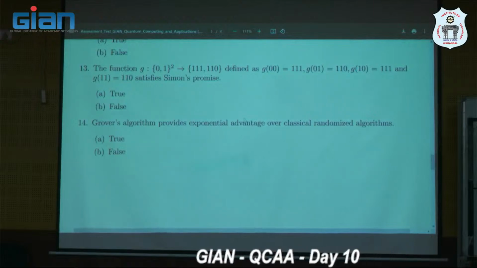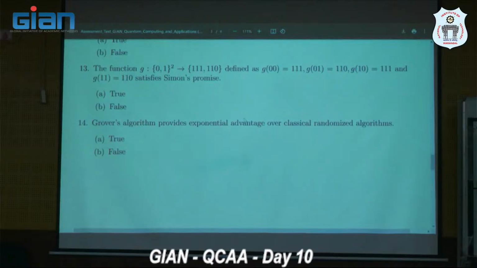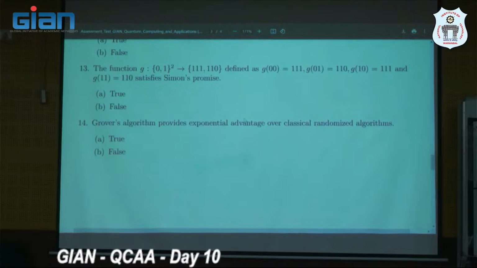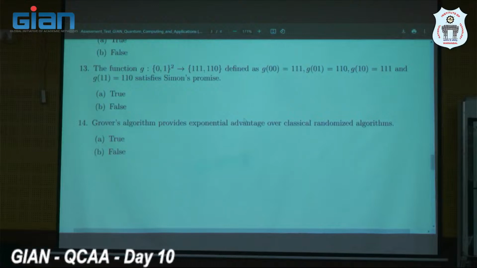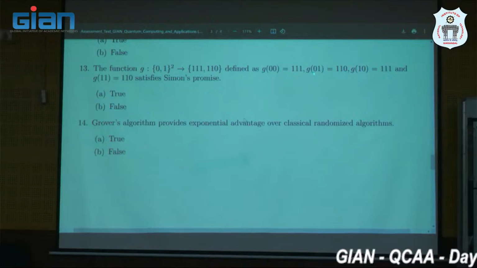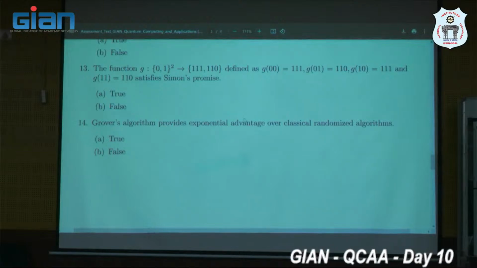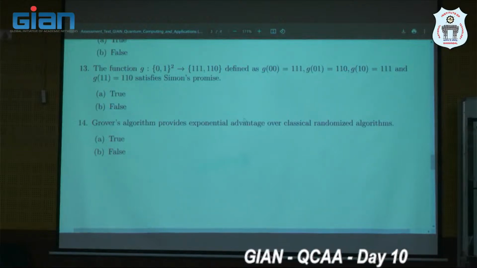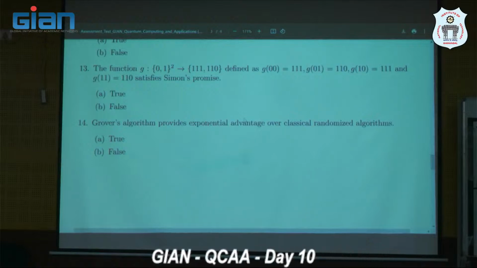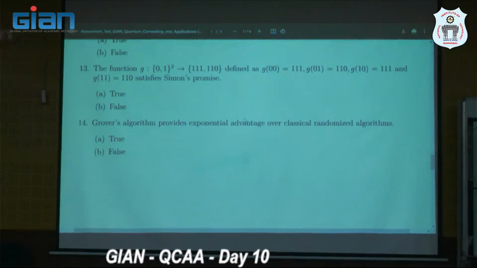Parity is the bitwise parity of 0 0 1 0, which is 1 0. Then the common is 1 1 0, and 0 1 1 1. What is the bitwise parity of 0 1 and 1 1? 1 0. Correct? So this satisfies Simon's promise.